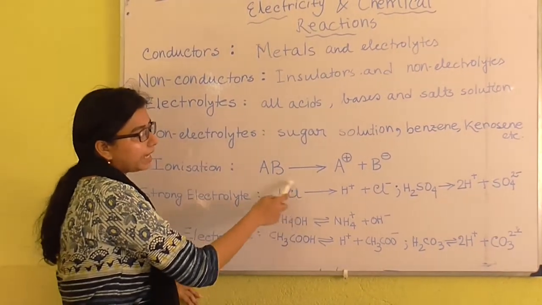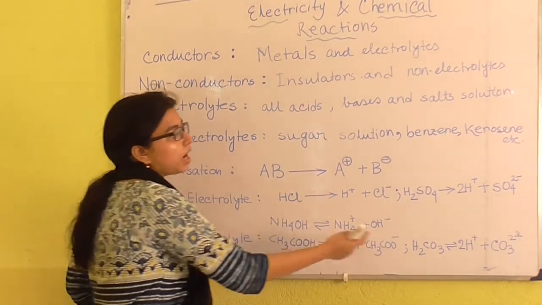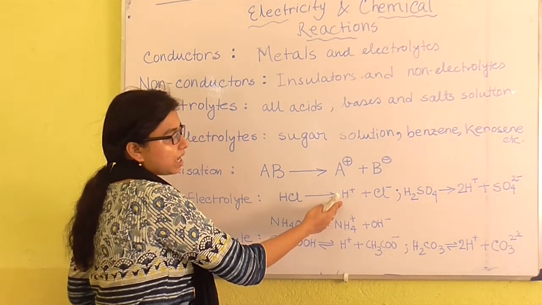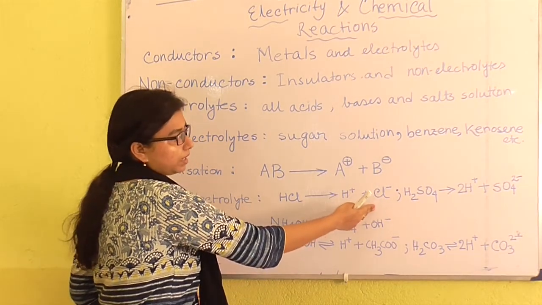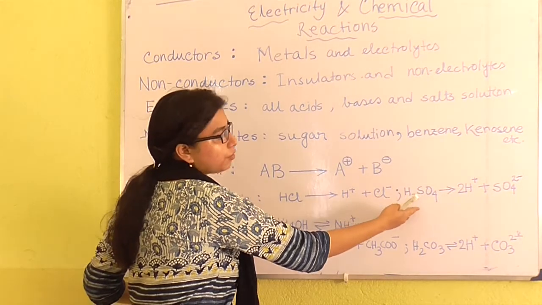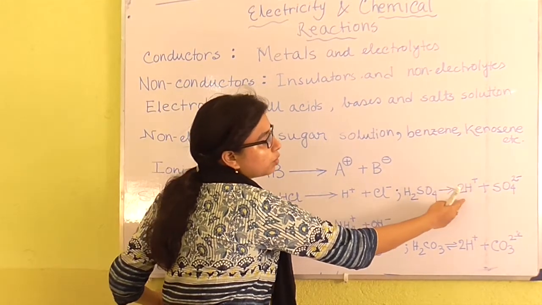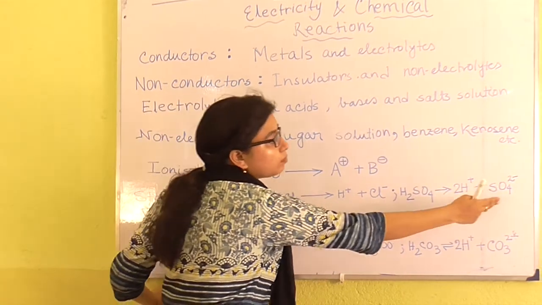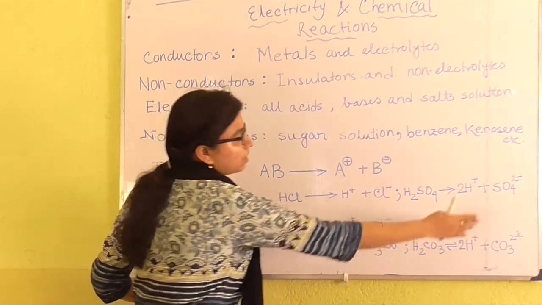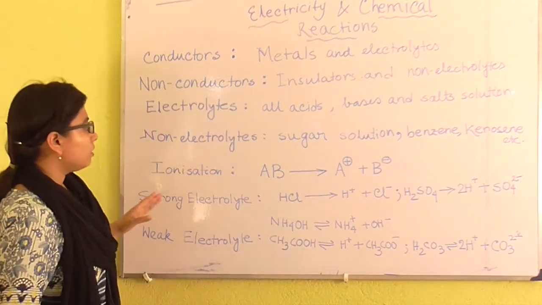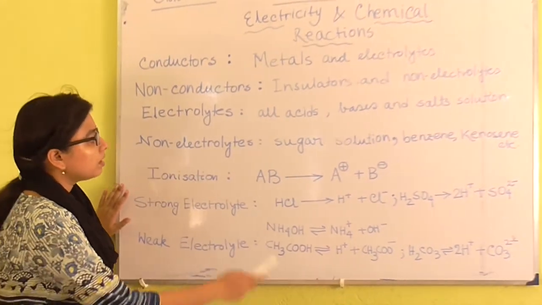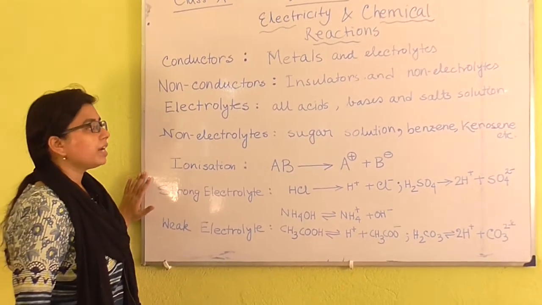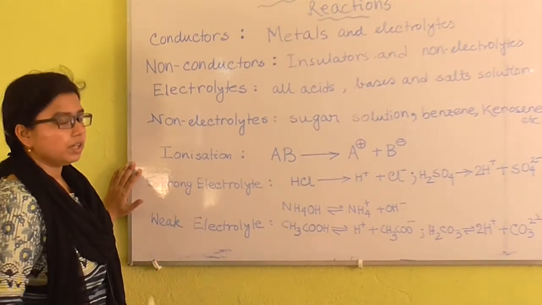That means if we take 1 mole of HCl or 1 mole of H2SO4, we get 1 mole of H plus ion and 1 mole of chloride ion, or in the case of sulfuric acid, it will produce 2 moles of H plus ion because there are 2 hydrogen atoms, and 1 mole of sulfate ion. So these are known as strong electrolytes. We can also consider sodium chloride or nitric acid as examples of strong electrolytes.